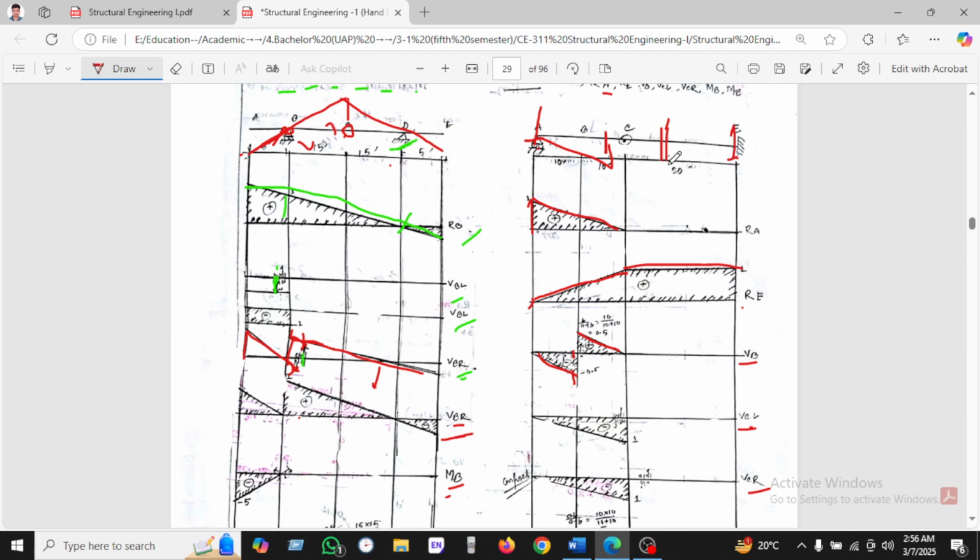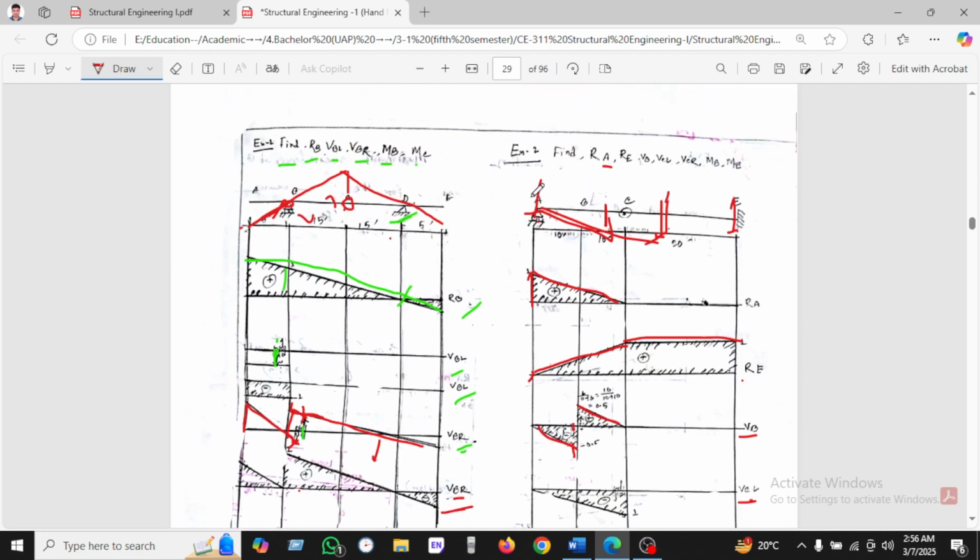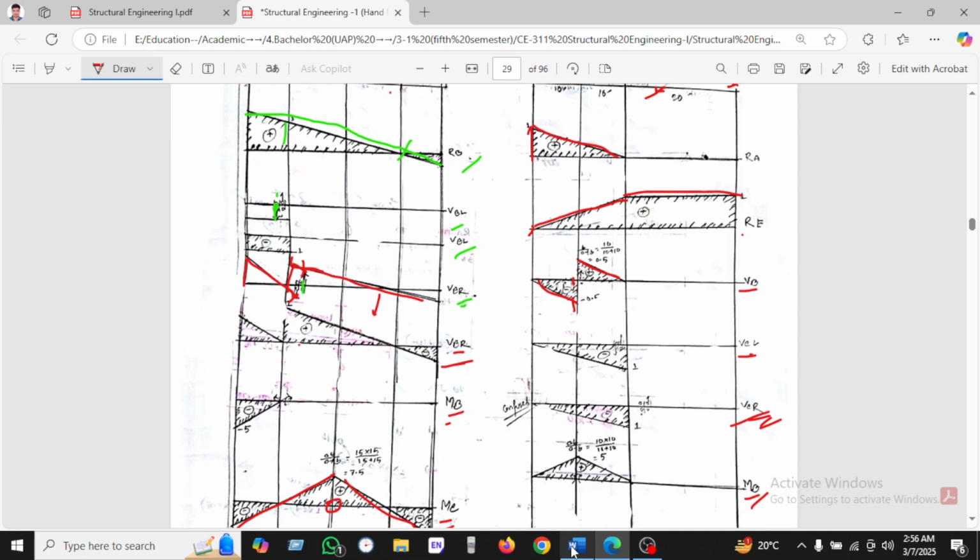That's why this portion will go down and it will be like this. This is exceptional. Okay, so MB, if we use the internal hinge at the point here, then what will happen? It will go down and it will go down, and this is the MB.